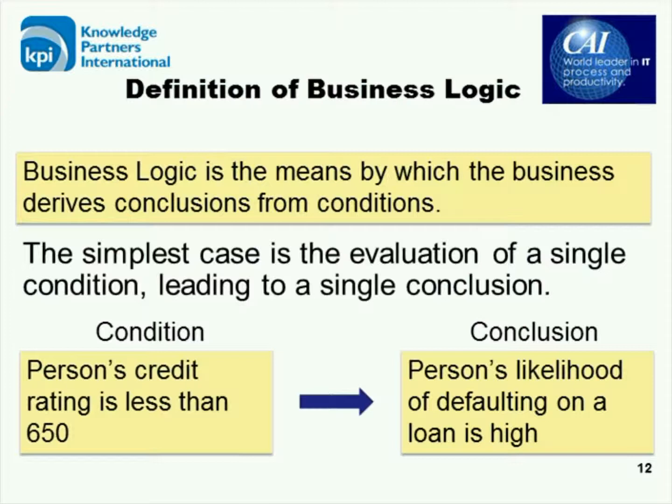So the simplest kind of business logic is an expression that evaluates only one condition to determine the corresponding value of one conclusion. And we have an example right on this page. In this example, we want to check whether a person's credit rating is less than 650, and if it is, the business wants to conclude that their likelihood of defaulting on a loan is high.